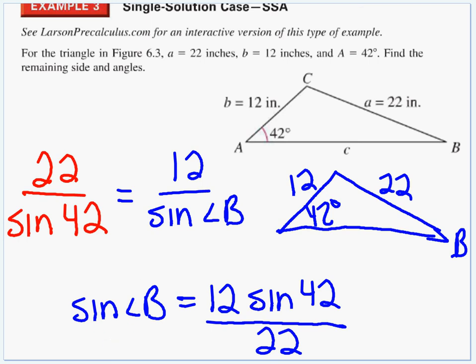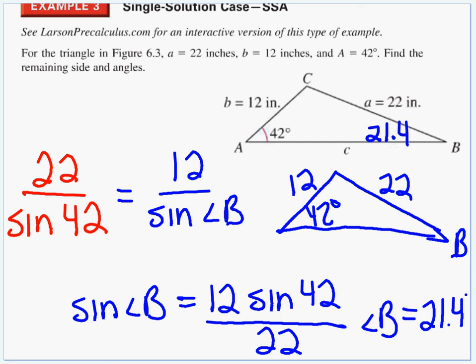So if you punch in on your calculator 12 times the sine of 42 equals, divide that by 22 equals, you'll have some decimal, and you're going to do sine inverse. And that is going to tell us that angle B is about 21.4 degrees. So I'm going to come to the given picture, and I'm going to write angle B is 21.4.